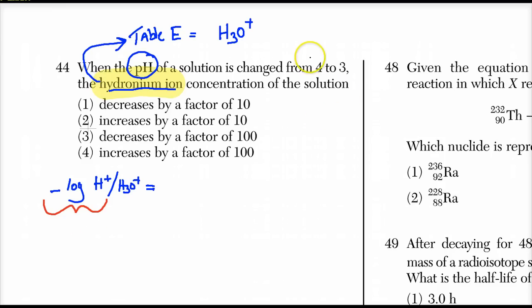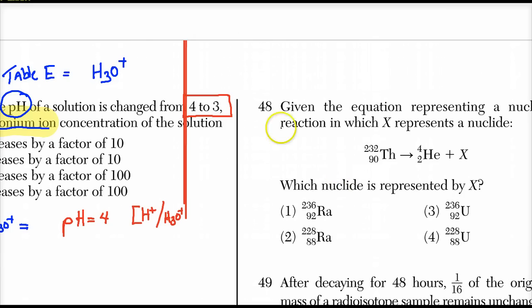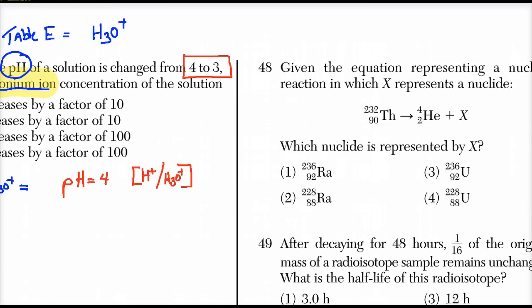Now, if it's changed from 4 to 3, what we mean when a pH is 4 is that the H plus ion concentration, or the H3O plus, is equal to 1 times 10 to the negative 4.